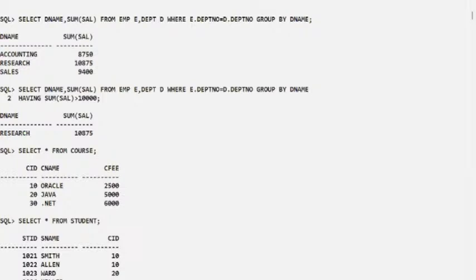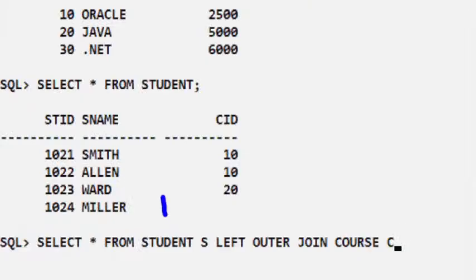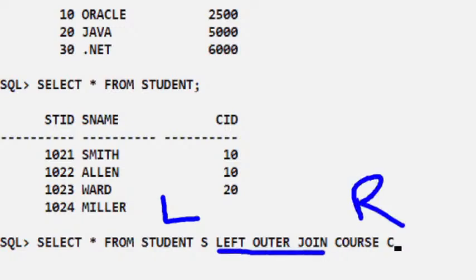Now tell me, which table is left side? Student is left side, course is right side. So it's a passing order. Based on the order in which the programmer passes the tables, left and right can be decided.